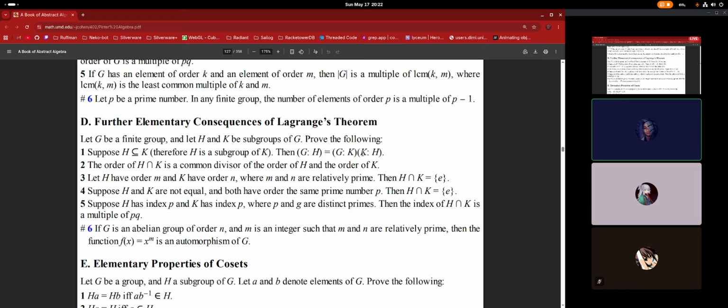Okay, so let's say that the order of this is n. What you're saying is that this must be a divisor of n. Yeah, but how are you going to go from these to this though?